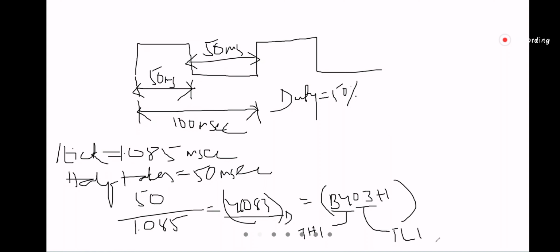Are you getting it or not? Okay, I'll take timer 0 only to ease the thing: TH0, TL0.